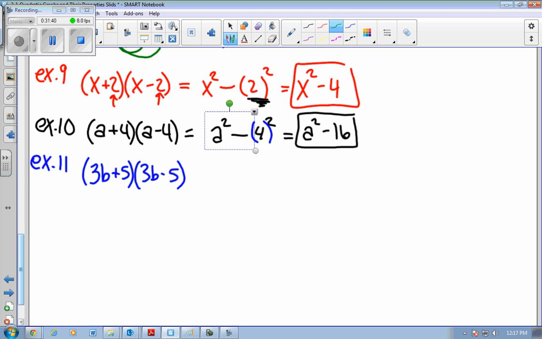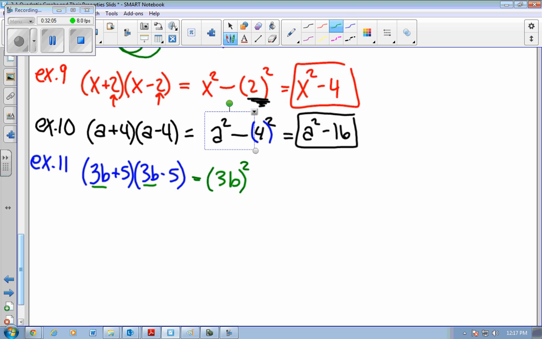What's the only difference? The b has a number, a coefficient. So, Hayden, this is an instance where I'm going to use parentheses because there's a 3 and a b, so I need to make sure I'm squaring both of them. 3b, I need all of that squared, not just the b.